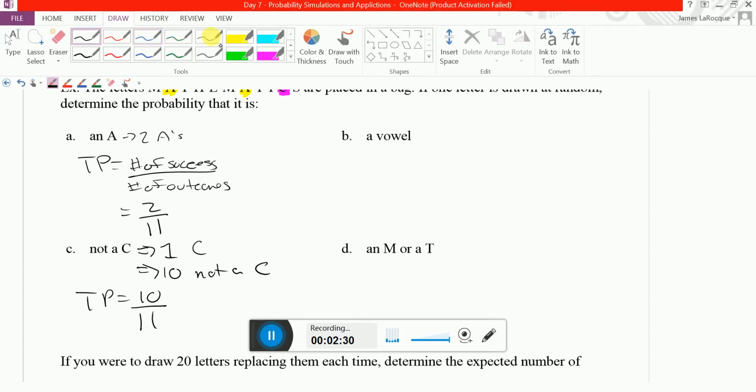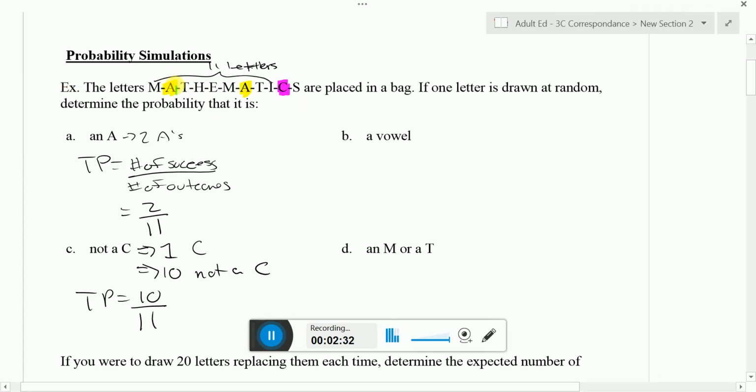A vowel, so that's A, E, I, O, U. We have an A, E, A, and I. There are 4 vowels, again out of 11, so the theoretical probability would be 4 out of 11.